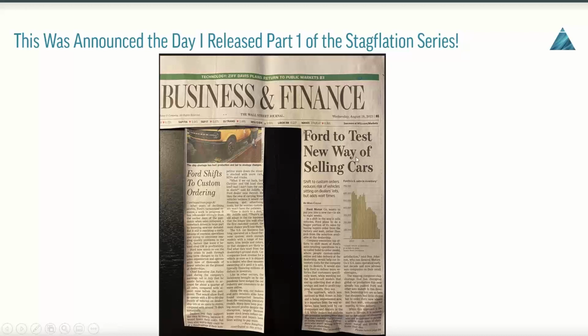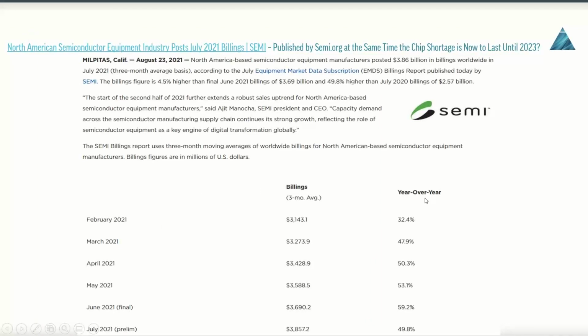And it says Ford to test a new way of selling cars, Ford shifts to custom ordering. I started thinking about this, and I had literally just published last week's webinar talking about the importance of inventory and keeping our eyes on inventory. And now we're seeing Ford Motor Company shifting to a just-in-time type inventory system for new car sales. And so this absolutely piqued my interest.